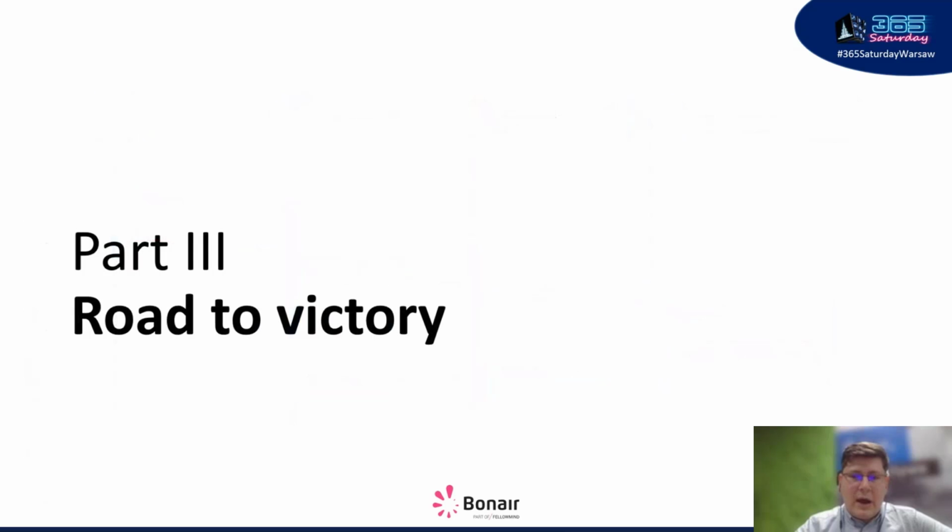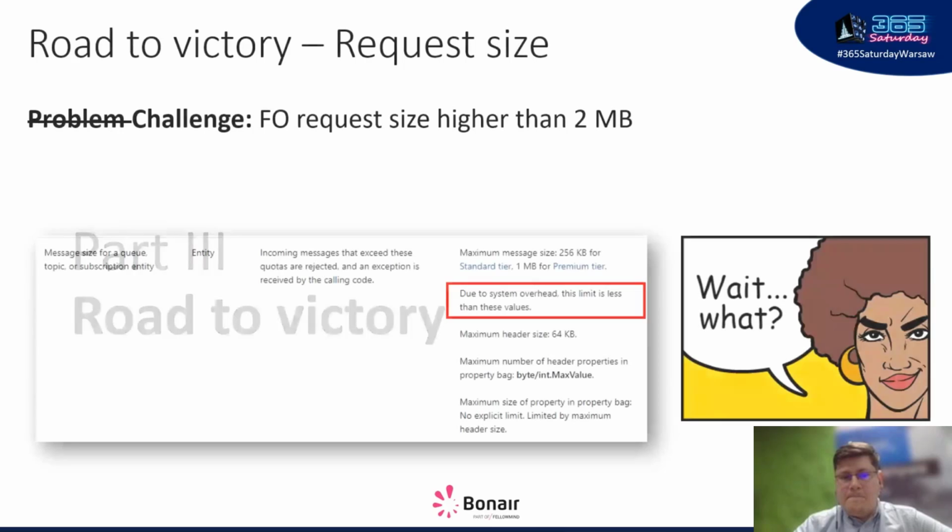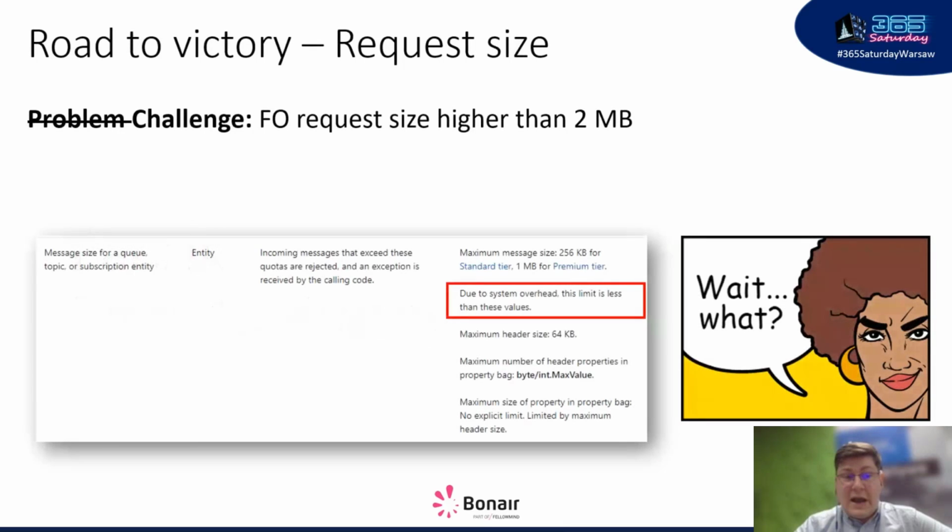Okay, now I want to talk a bit about our road to victory, about the road to make this architecture real in this project. The first challenge we found was the request size, because service bus is just the best solution when we need something for management of messages on the queues.